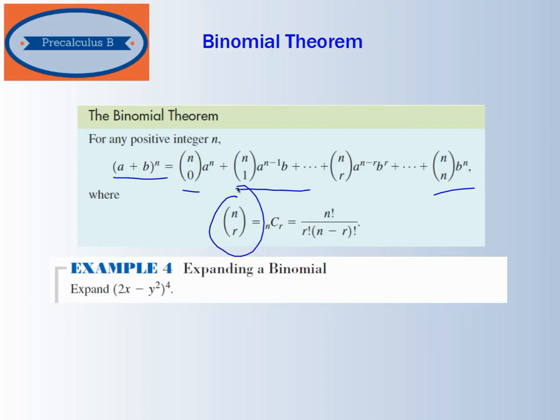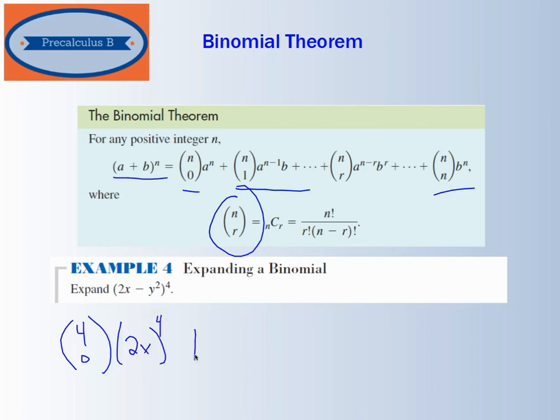So if we wanted to expand a binomial using the binomial theorem, and we're looking at 2x minus y squared to the 4th, how would we go about doing this? Well, we're going to have to break this down into 5 pieces, because the first one is going to be 4 choose 0 times a, which in this case is 2x, to the n, which is 4.